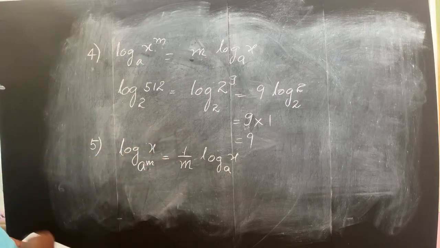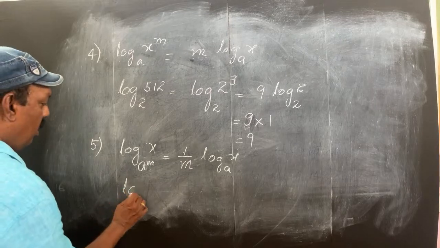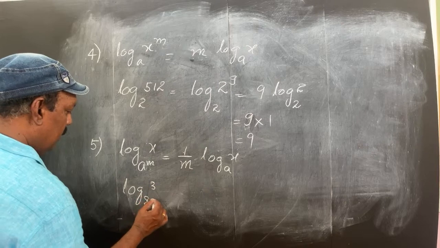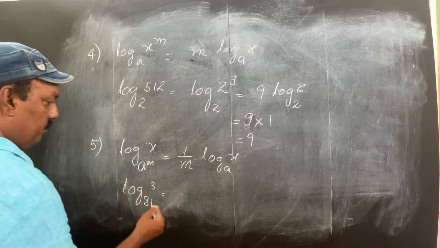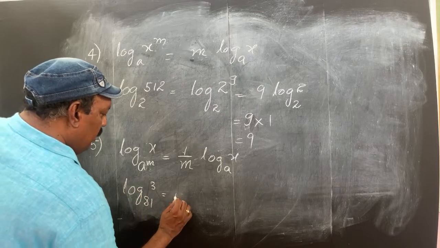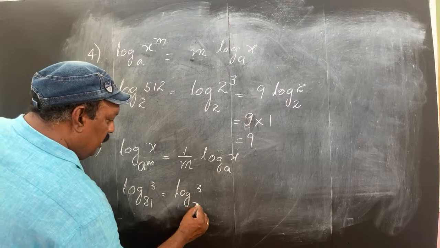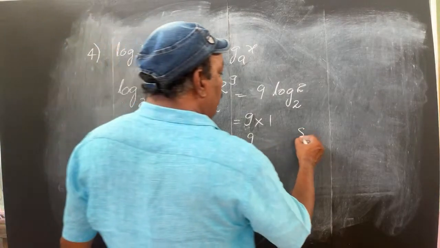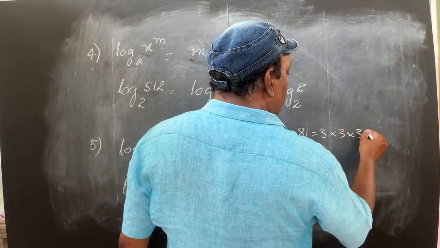I am giving one example for this reciprocal character purpose. Log 81 base 3. 81 is nothing but an exponential form of 3. We can write 81 as 3 to the power of 4, because 81 is equal to 3 into 3 into 3 into 3.